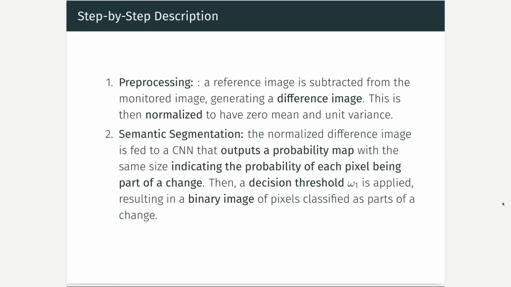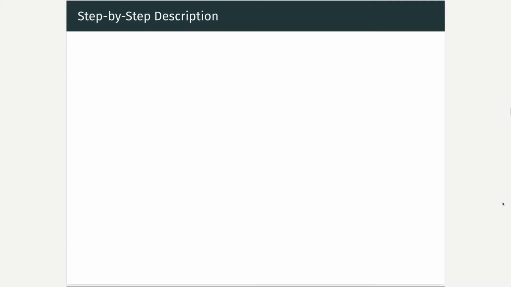Then it is fed to a semantic segmentation CNN, which will analyze this difference image and localize pixels that are possibly parts of changes. In the end, a decision threshold omega-1 is applied, resulting in a binary image, which indicates which pixels are most likely to be part of changes.